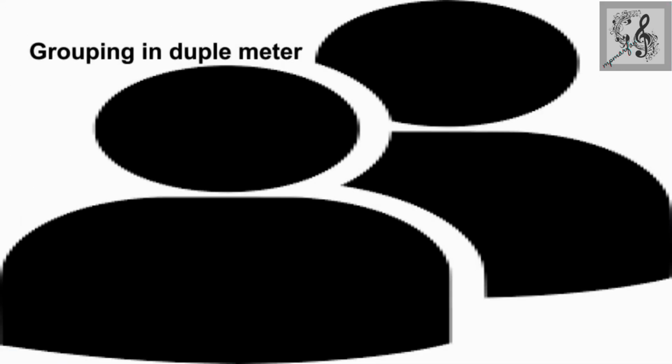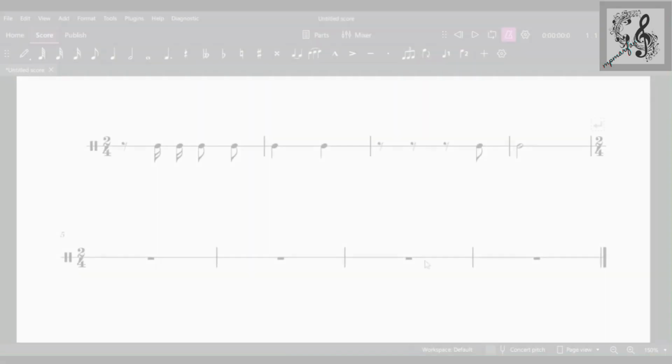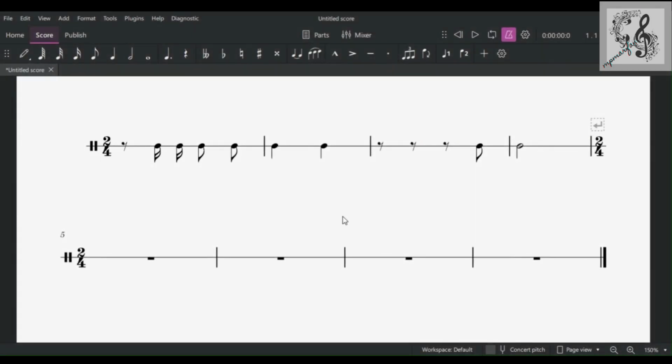Let's look at some grouping exercises. Grouping in 2/4 time signature. So a grouping question may appear like this, where you'd see quavers, 8th notes, 16th notes, and they're all unbeamed.